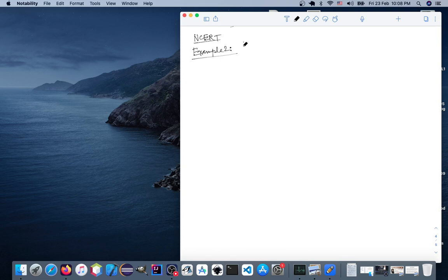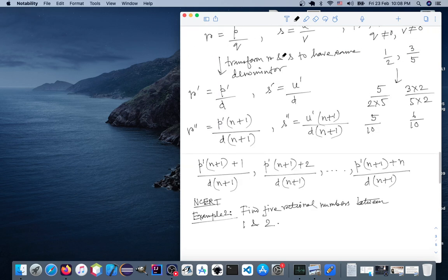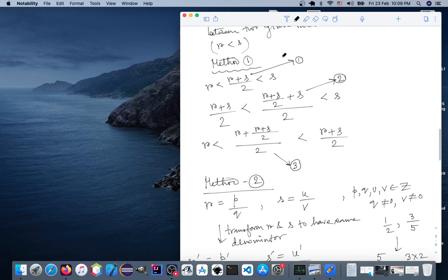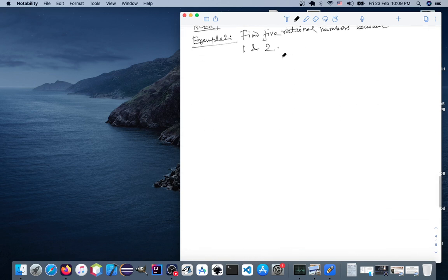It says find 5 rational numbers between 1 and 2. We have two methods we have discussed, method 1 and method 2. So let's solve this by method 1.